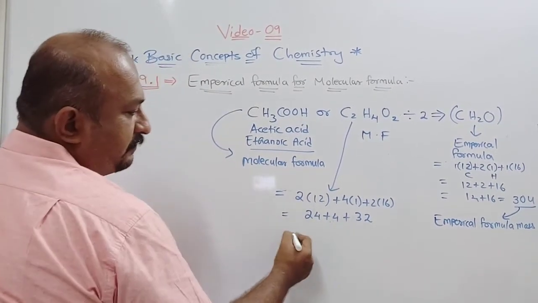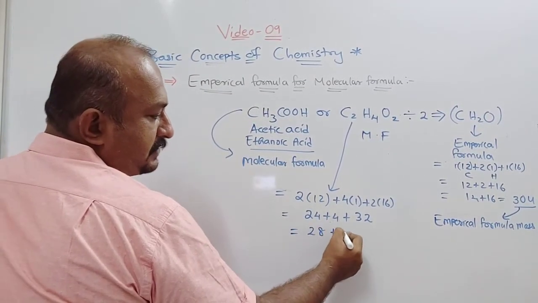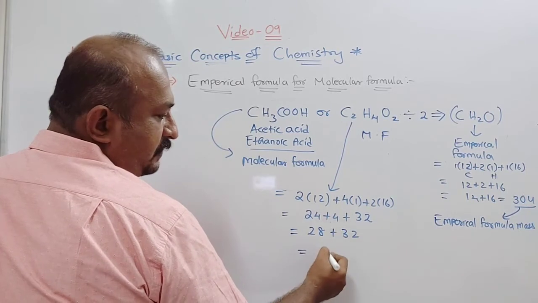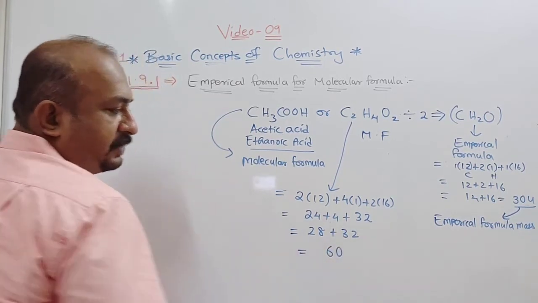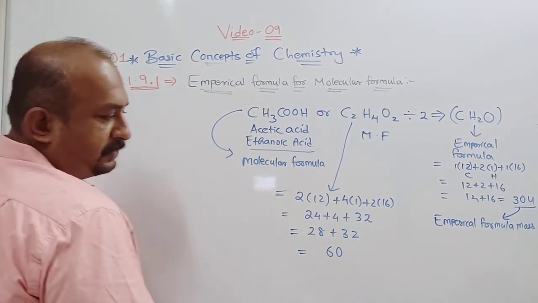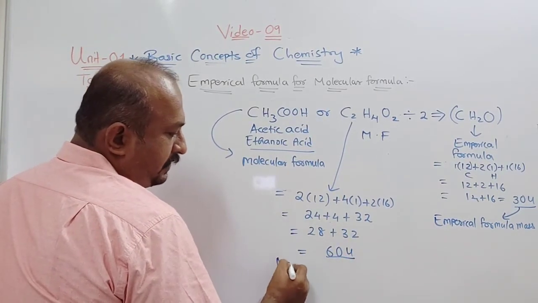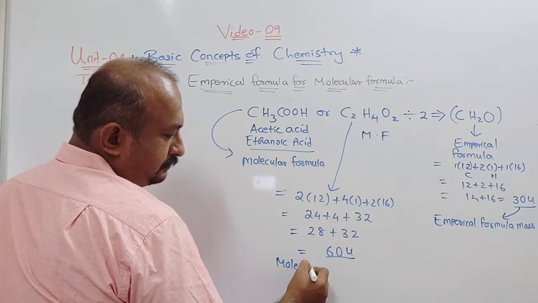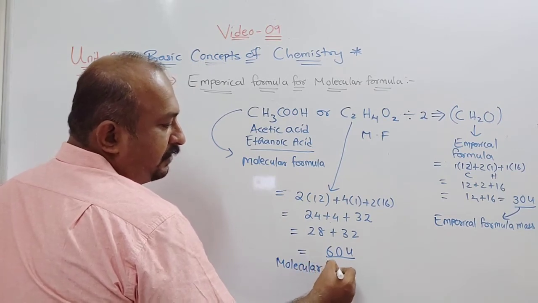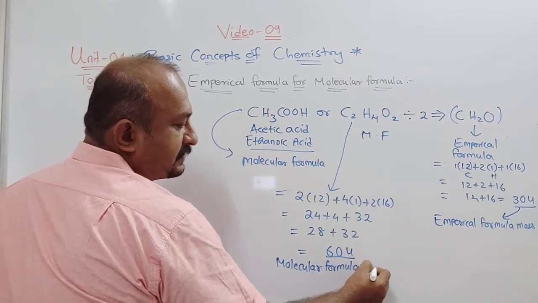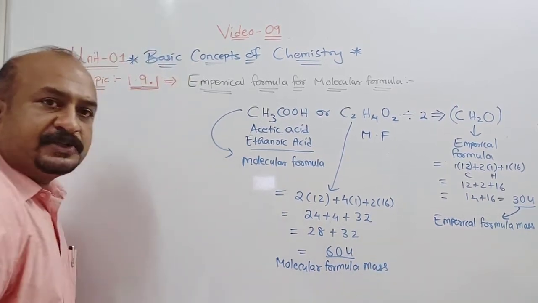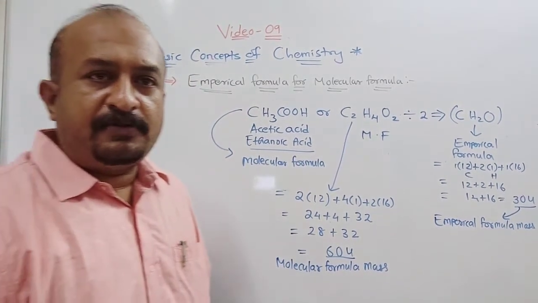So if you count this, 24 plus 4 is 28, plus 32. So it is 60. What is this? 60 u if you count. Understood? So 60 u, this is the molecular formula mass. Okay, so what is the difference between empirical formula and molecular formula?